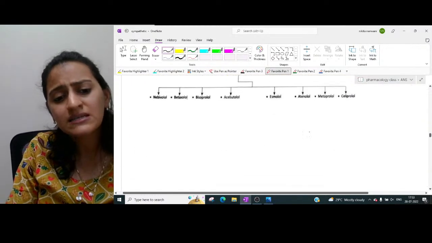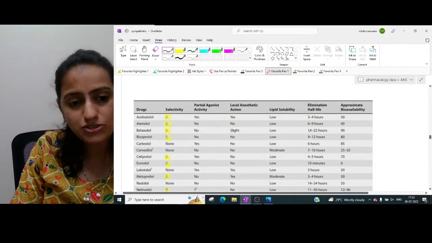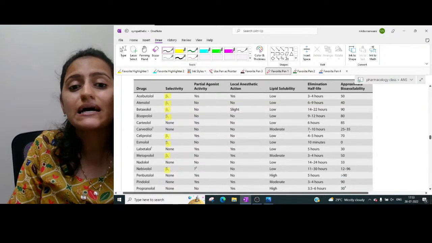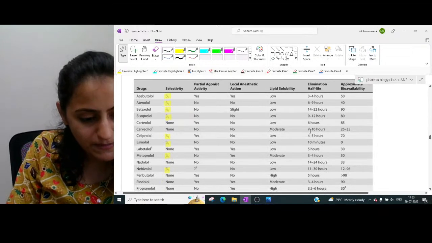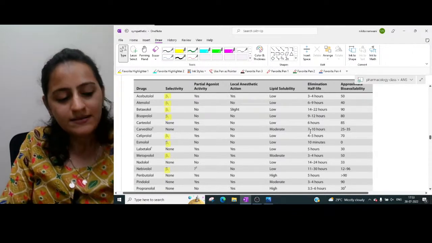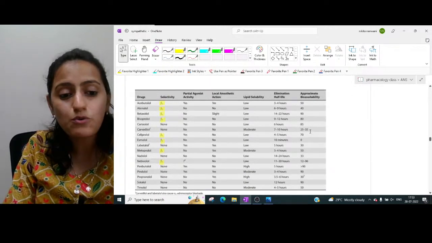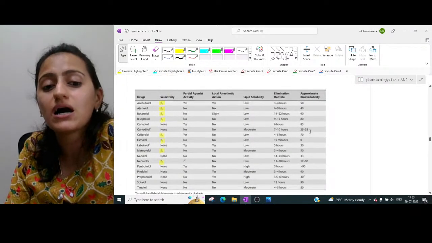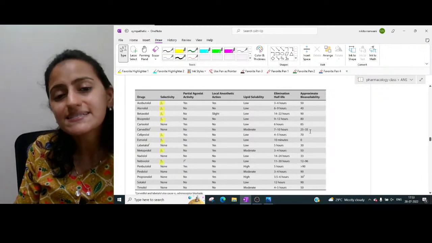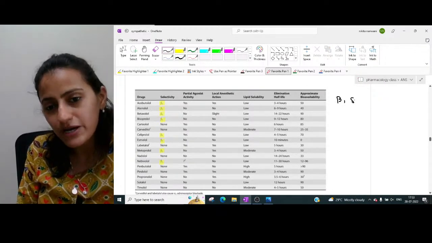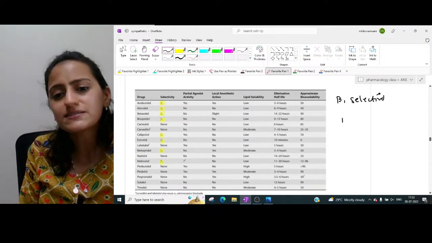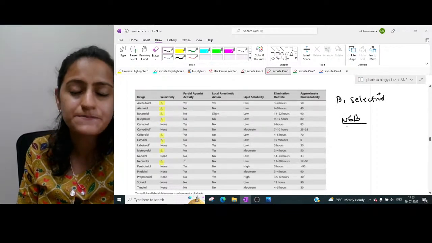Now coming to the next topic, the last topic here, which is beta blockers. How will you remember beta blockers? You want to remember which are beta 1 selective and which are non-selective. Why is it important to know that?